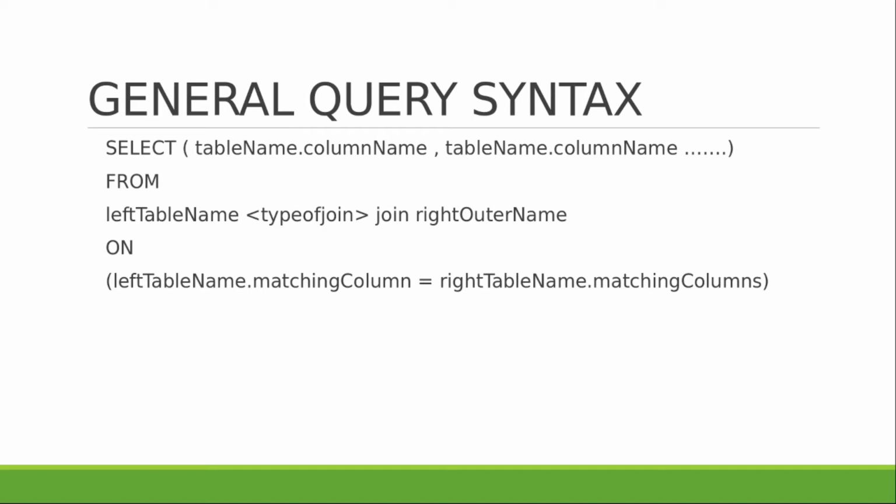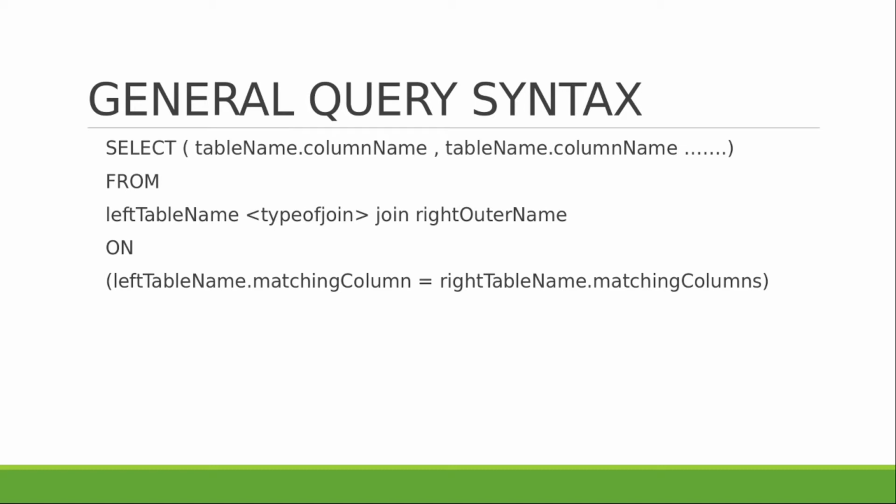We specify to the computer that this is the matching column, named this in the left table and this in the right table. For example, if the left one is student and the right one is employee, it will go like on employee.id equals student.id. This is how our general query works when we talk about joins.